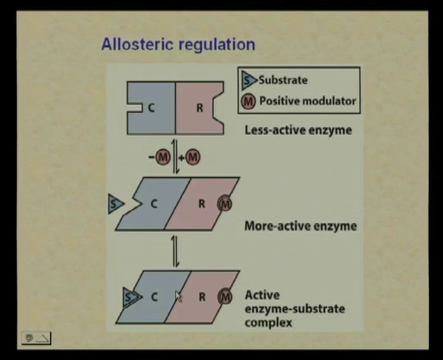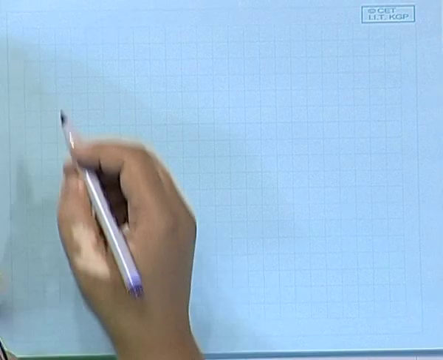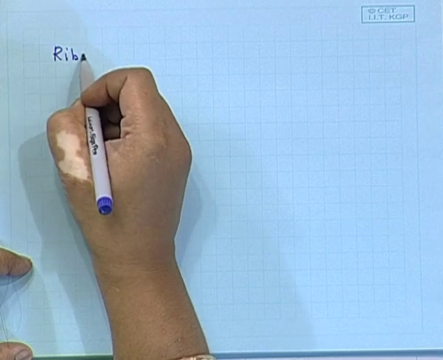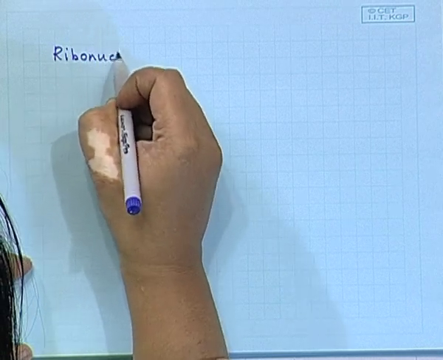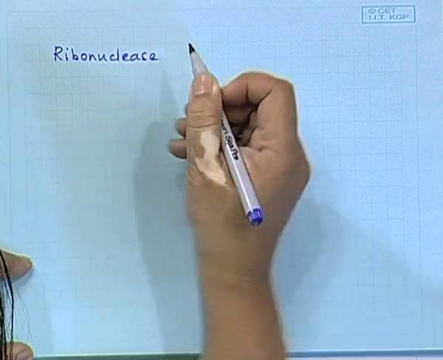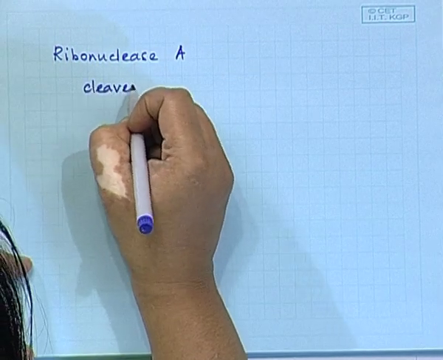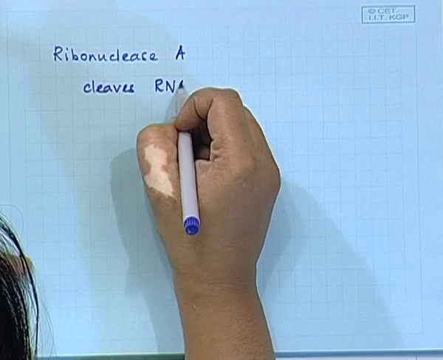Okay? So, now let us just summarize what we did today. We looked at the mechanism of ribonuclease A, which cleaves RNA.